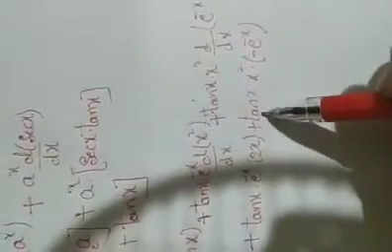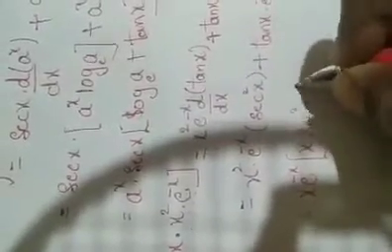So we have tan x, x square e raised to minus x, tan x, x e raised to minus x, x square e raised to minus x. So we can take x e raised to minus x as the common term. So what is the leftover?